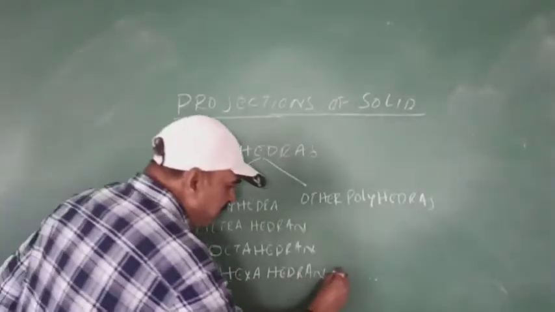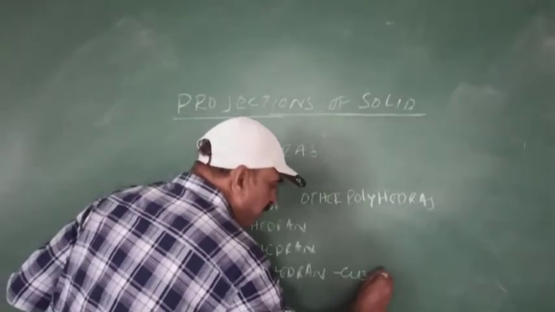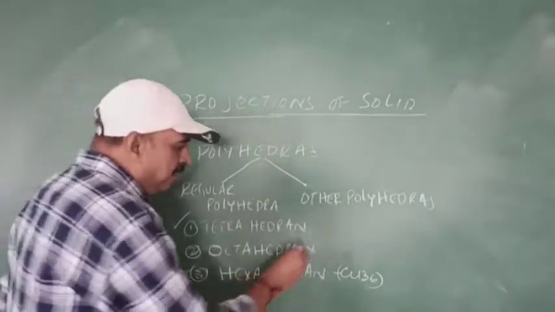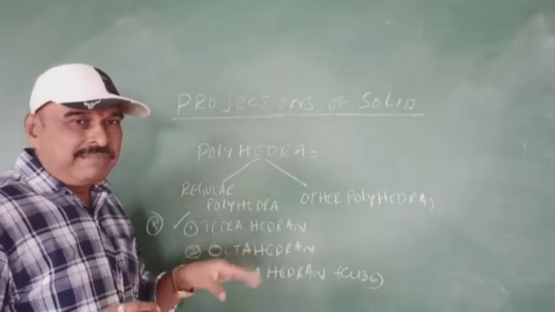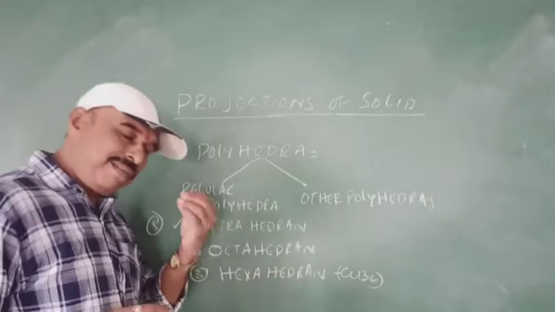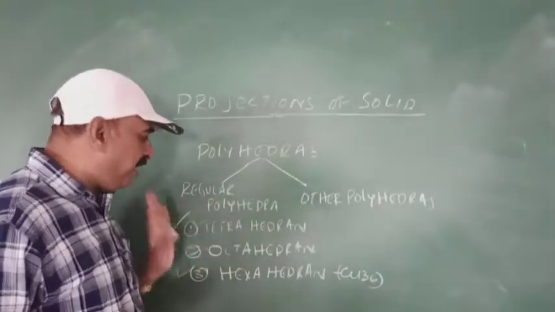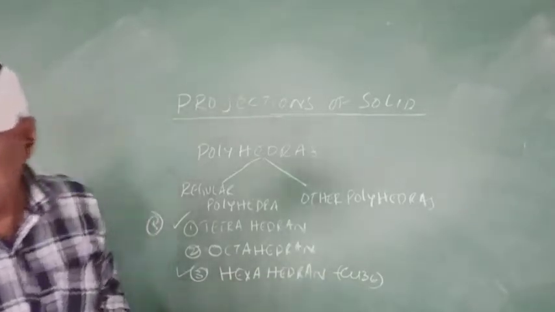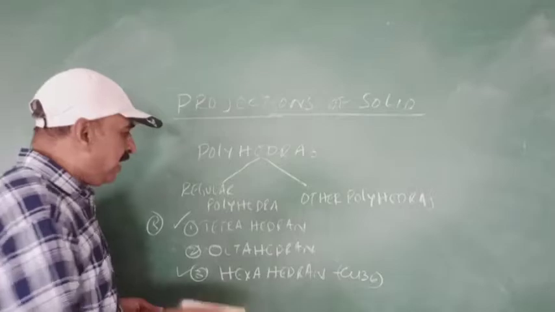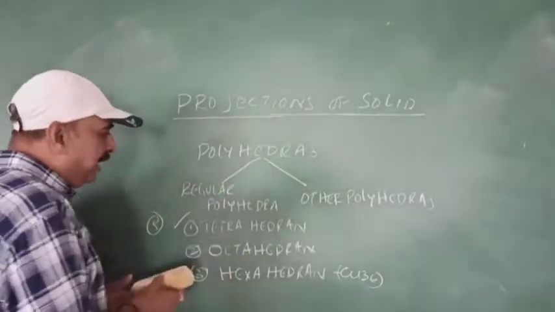Hexahedron is nothing but a cube. Tetrahedron means a triangular pyramid with all sides equal. In a cube, you can see all the faces are equal. So that is about the polyhedras.